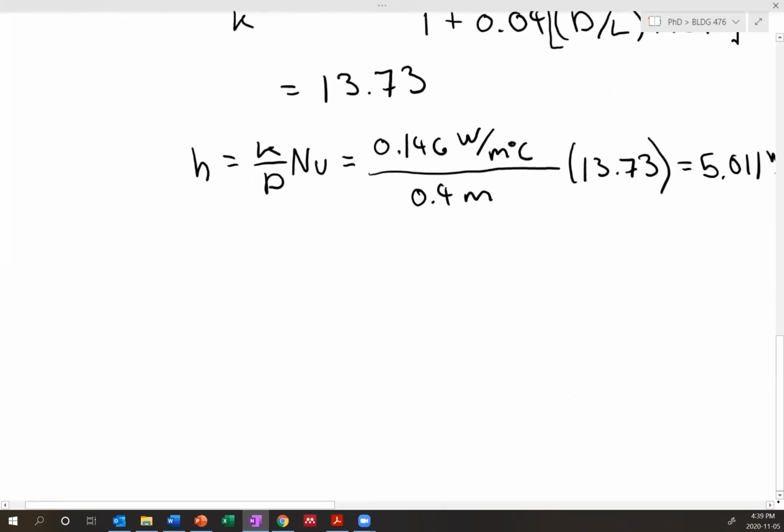Now we can go ahead and find the exit temperature of the oil. And to do that, we're going to use our logarithmic mean temperature difference.